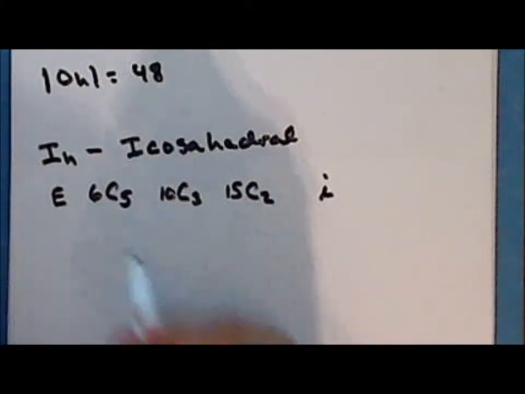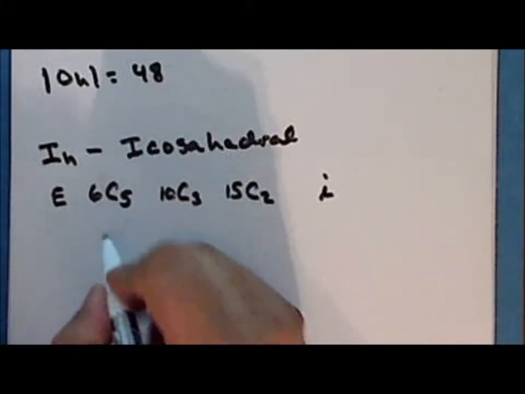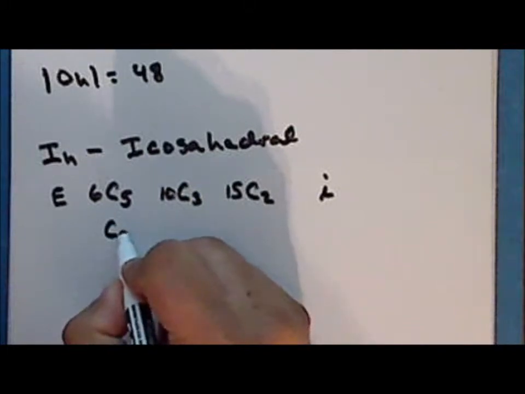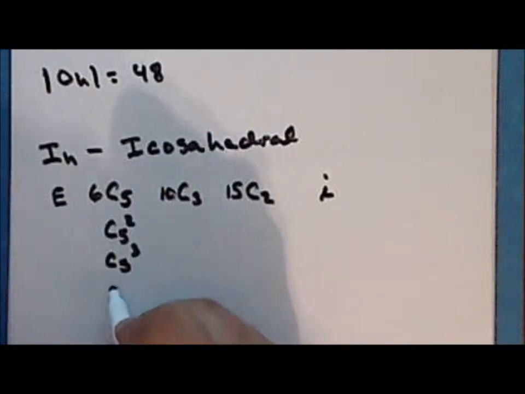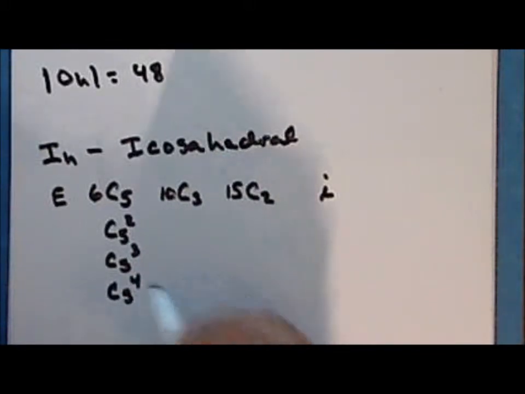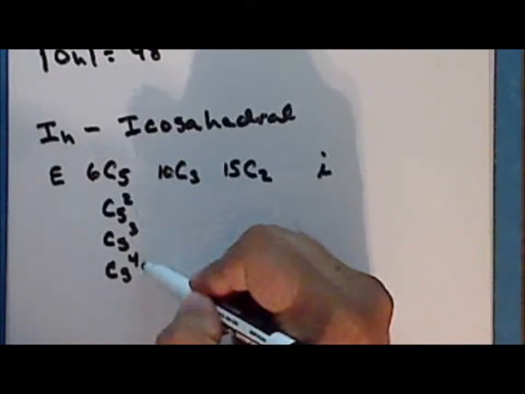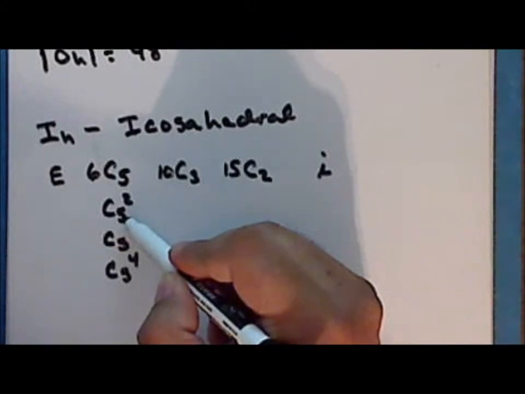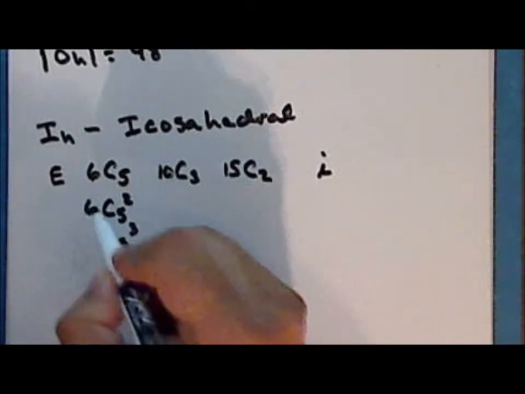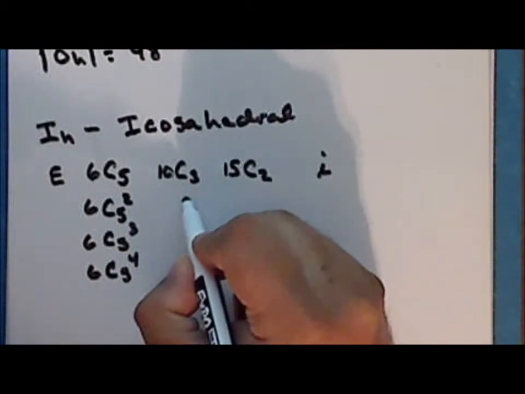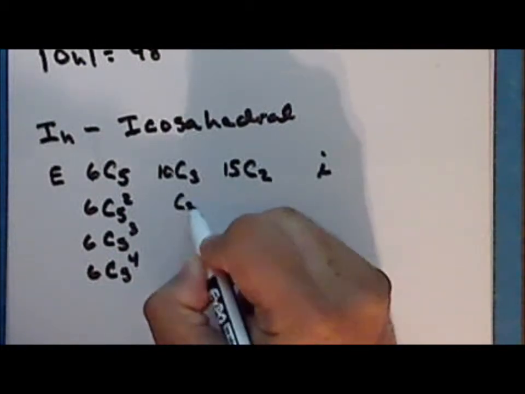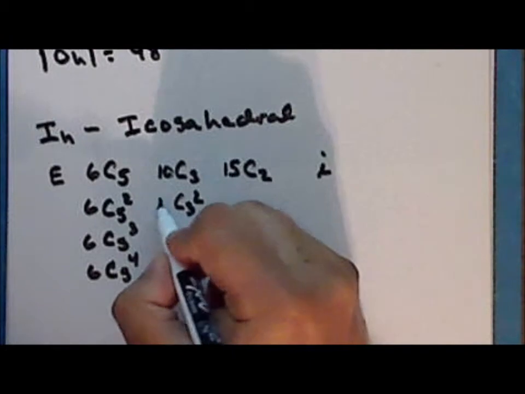So let's look at the elements. As we have a C5 operation, we also have a C5 squared, a C5 cubed, a C5 to the 4th power. Each of these powers is relatively prime to 5, so we have 6 of each of those. As we have a C3 operation, we also have a C3 squared operation, and so we have 10 of those.